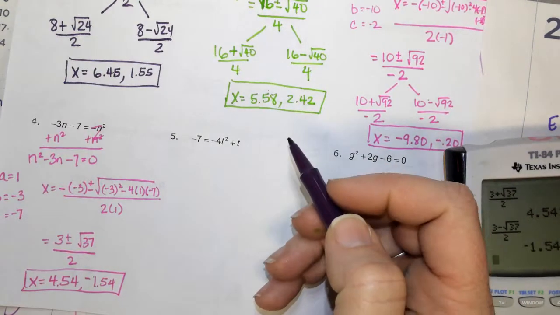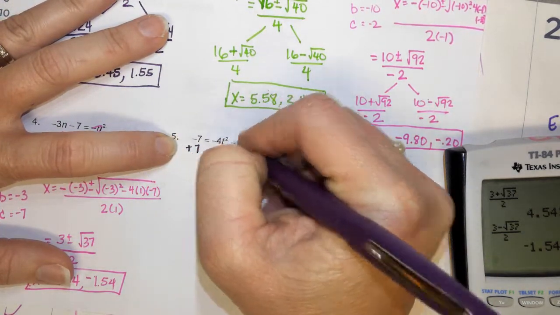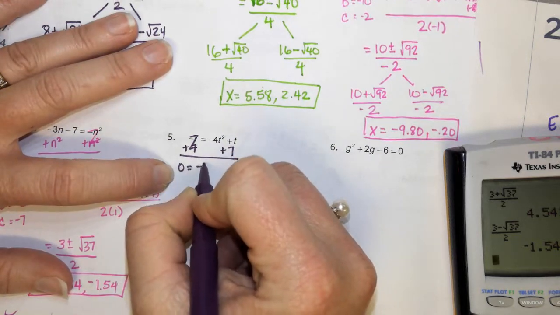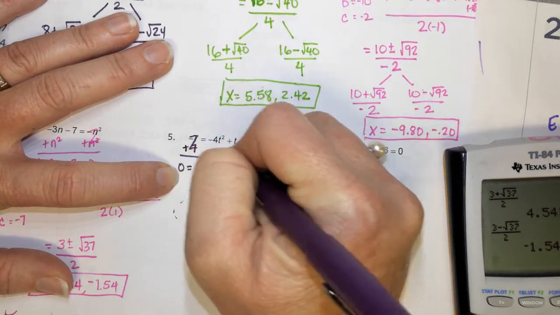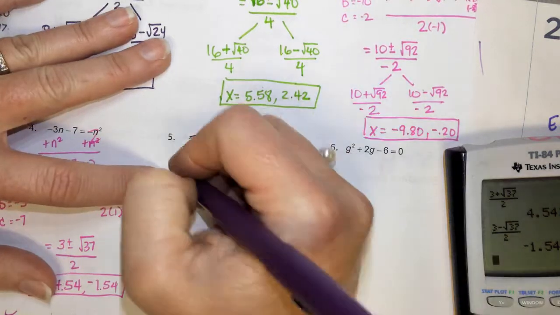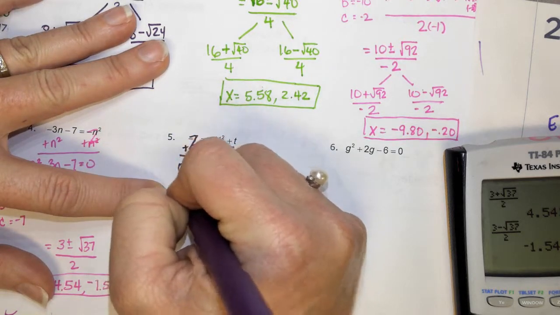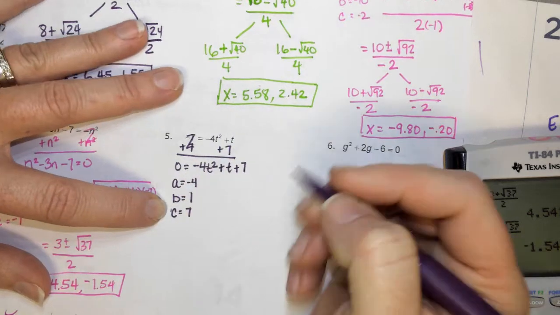Okay, so now to get my equation set equal to 0 for this one, I'm just going to add 7 to both sides. So then I have 0 equals negative 4t squared plus t plus 7. So now let's identify a, b, and c. a is going to be negative 4, b is going to be 1, c is going to be 7.